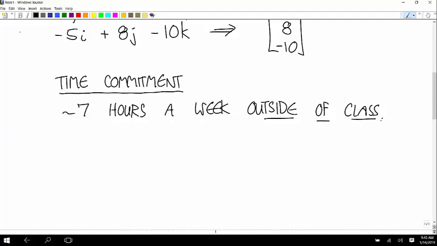And, you know, if I could do something about this requirement, I would. But there's a certain amount of material you're expected to learn, and that requires about this commitment. And so if your work schedule and your other school schedule combine to make it impossible for you to do this amount of work, then there's really no way to expect to do well in this class. You know what I mean? So just think about that.